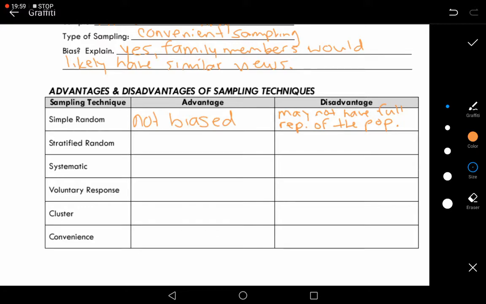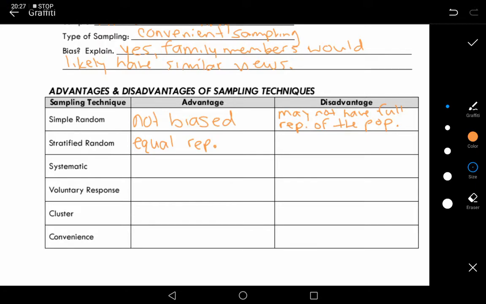Stratified random. That was when we divided into subgroups first and then did random sampling. An advantage to that is that you're going to get equal representation, right? Because you've already divided into groups based on certain personality traits or just traits in general. So you're going to have a girl, a boy, somebody who's tall, somebody who's short.